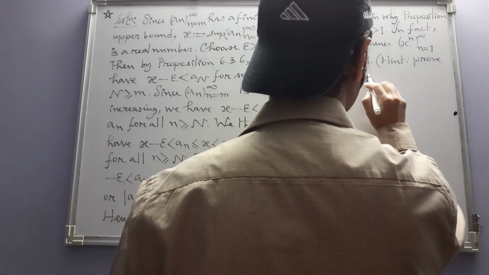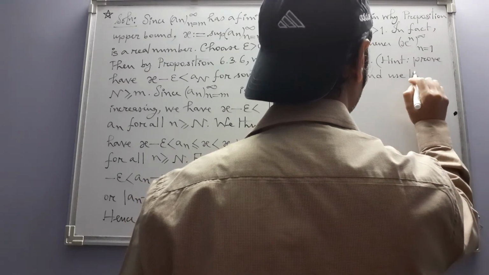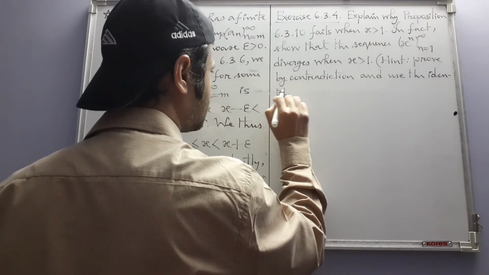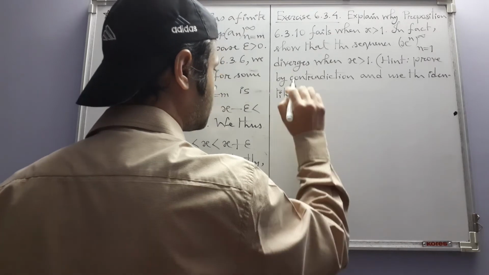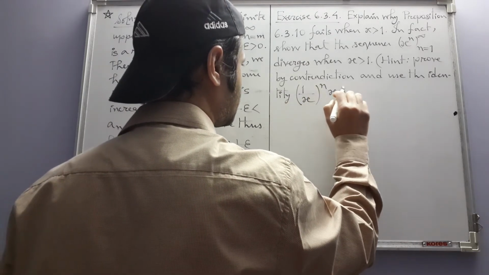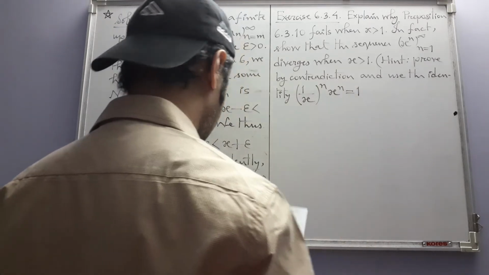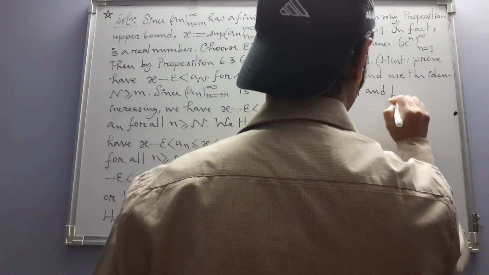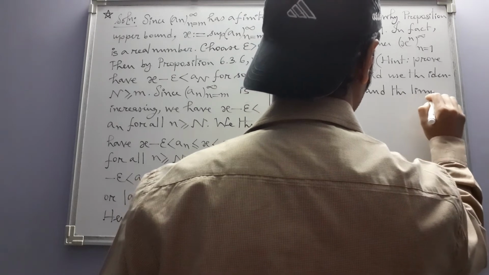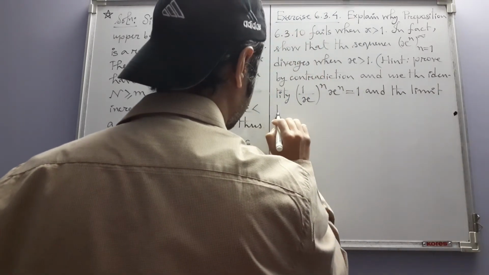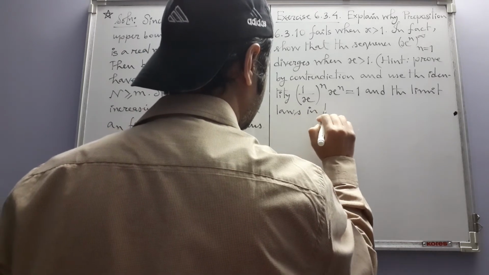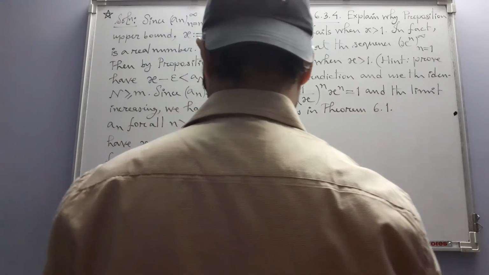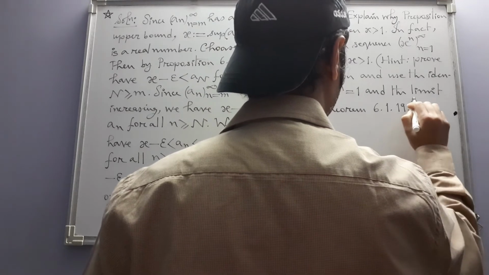Prove by contradiction and use the identity one, and also the limit laws in theorem 6.1.19.